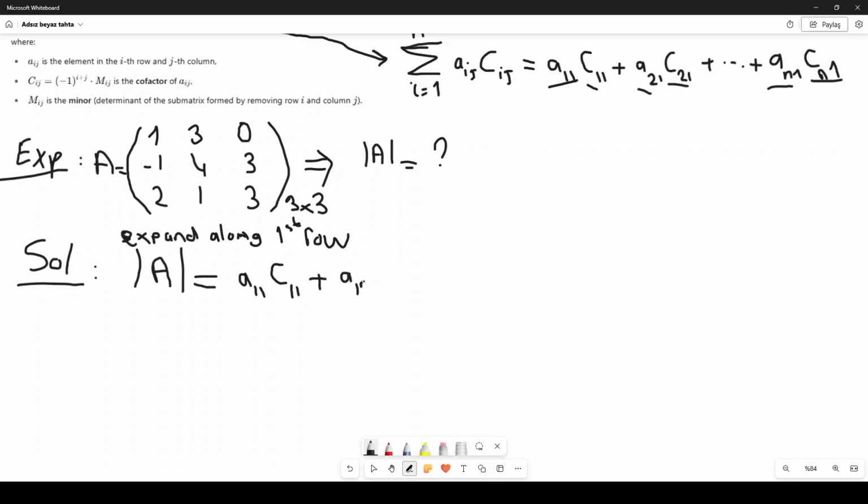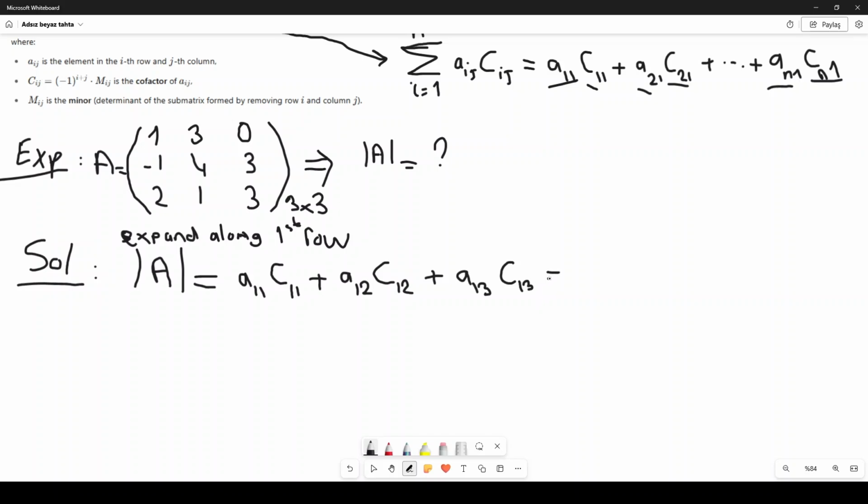Since I expanded along the first row, I use the elements in the first row, which are the 1,1, 1,2 and 1,3 components, and their corresponding cofactors as well. So A13 times C13.